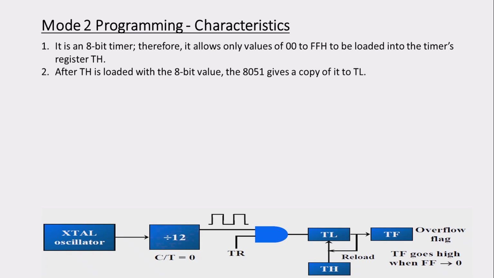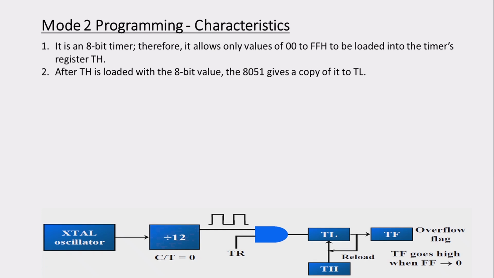Earlier the lower nibble was loaded into the TL register and the higher nibble into the TH register, but since this is an 8-bit timer, we will load the value into the TH register only.